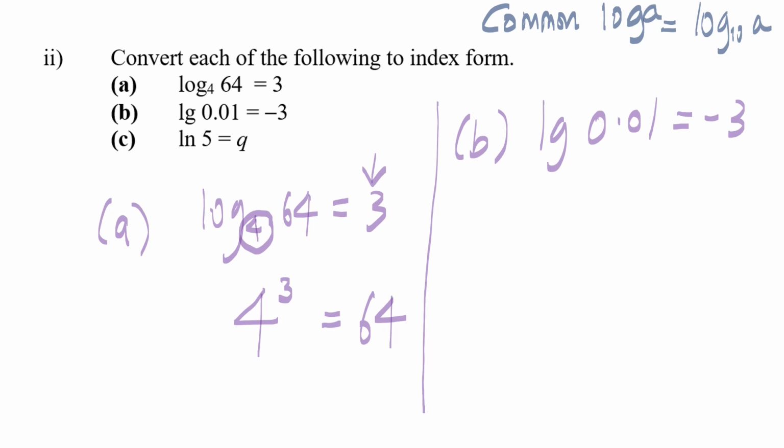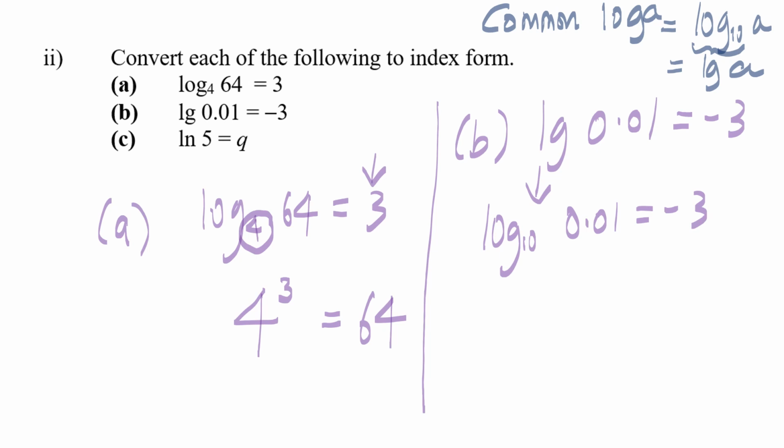Usually they represent log base 10 as LG. If you were given the questions LG, you should be able to change it to log base 10. You need to know what to change to. That means LG is log base 10.